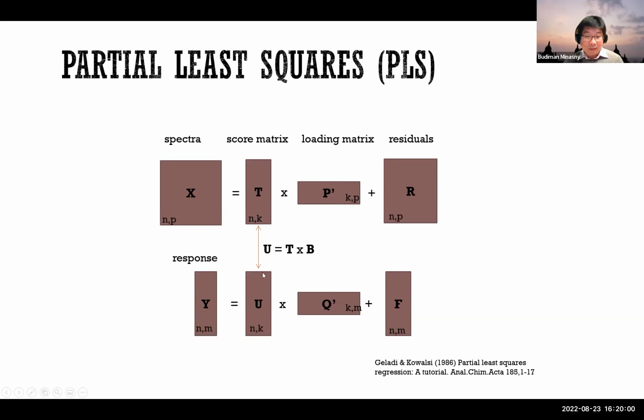But this scores matrix is also linked to the response variable. In other words, you try to optimize the decomposition of the spectra so that it not only describes the variation in the spectra, but also has predictive capability that enables it to predict the response.